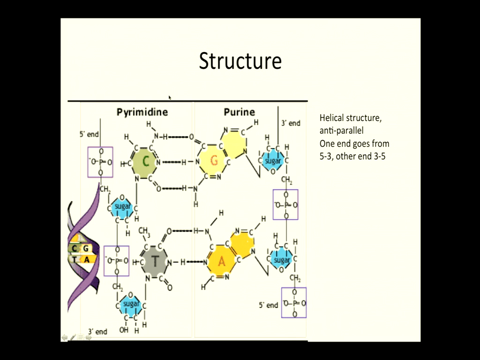The DNA structure is two antiparallel strands. One goes from 5' to 3', and the other goes from 3' to 5'. The nucleotides are connected via a phosphodiester bond, between the 3' carbon and 5' carbon that we just talked about.